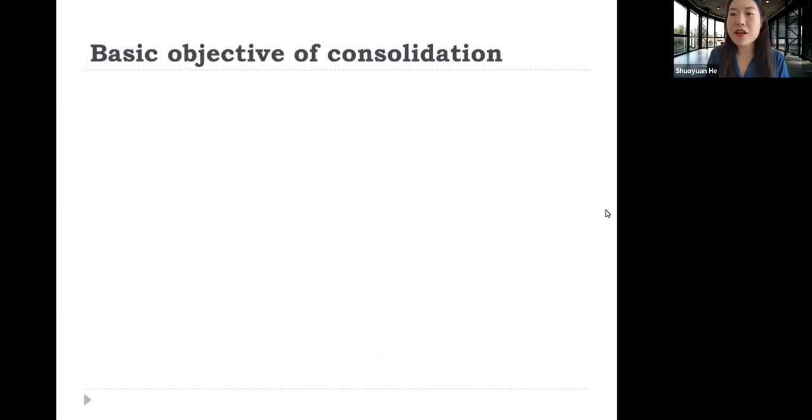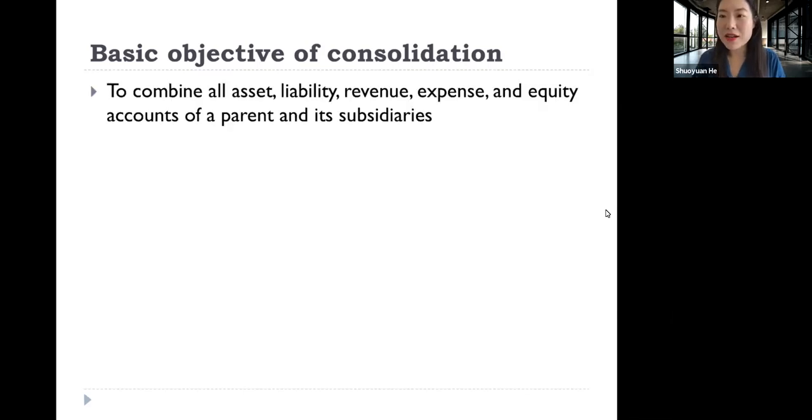So first of all, what is the basic objective of consolidation? What do you think is the basic objective of consolidation? Why do we need to consolidate? The basic objective of consolidation is to combine all assets, liabilities, revenues, expenses, and equity accounts of a parent and its subsidiary. Because the parent and subsidiary choose to remain separate legal entities, each has its own books.